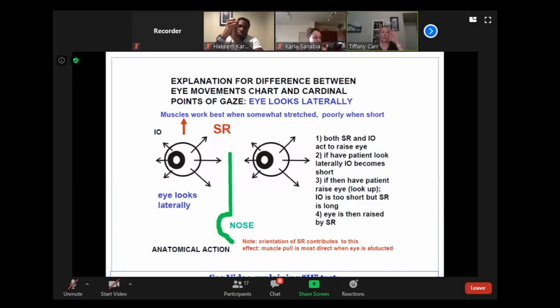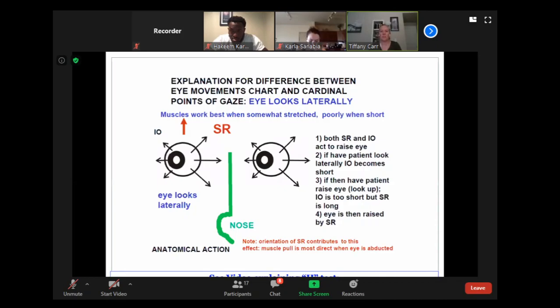So they can't look up or look down anymore because they're all on that lateral side. To test the upward movement action, you would look laterally and then have them look up. And the muscle doing the upward motion is going to be the superior rectus instead of the internal oblique.